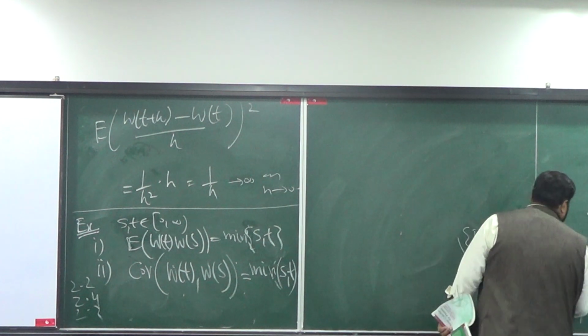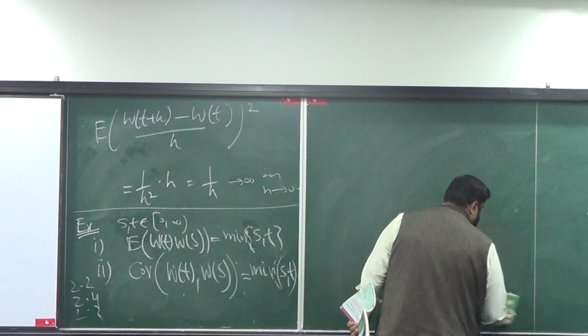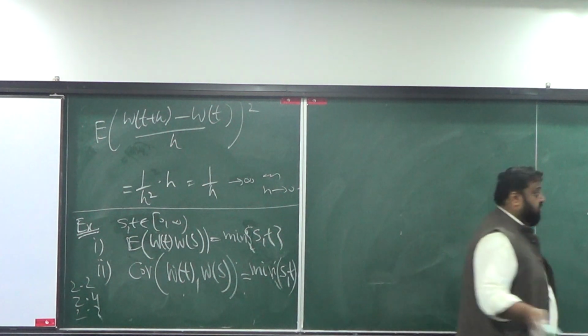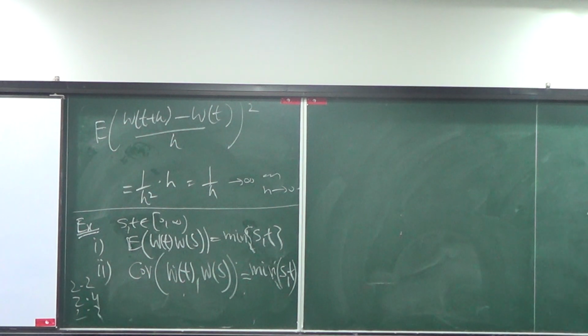So this chapter is all about talking about the various properties of the Brownian motion. So it's all about Brownian motion. So we saw the definition.